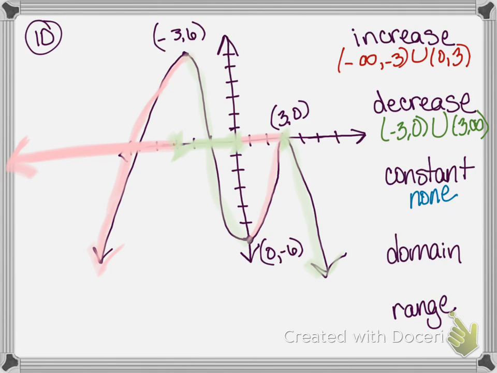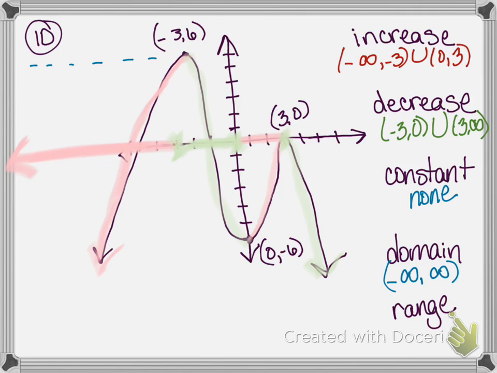Now my domain focuses on my x values, and when you look at my domain, you will see that my domain is all real numbers because I'm going on forever in the directions of my graph, and so it's all real numbers.